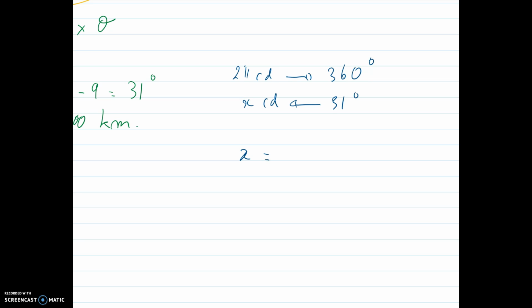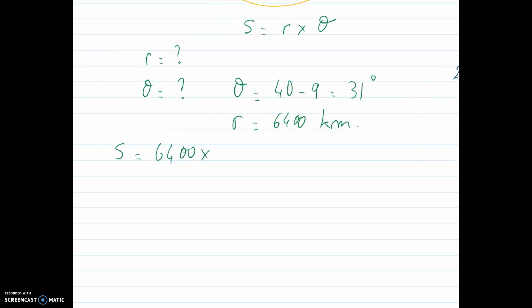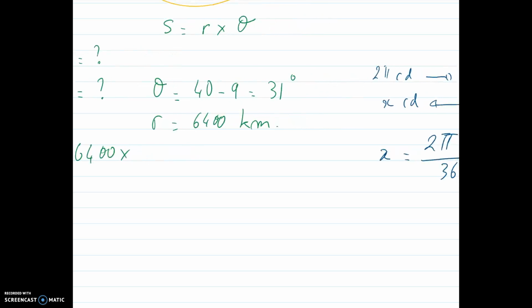And x is equal to the multiplication of the diagonal, 2 pi multiplied by 31, and you divide by 360. Therefore, in my calculation for S, I will have 2 pi multiplied by 31 divided by 360. And the answer is 3,500 kilometers.